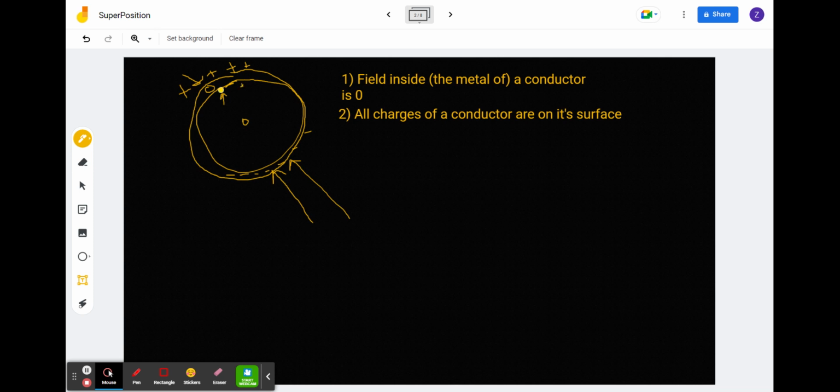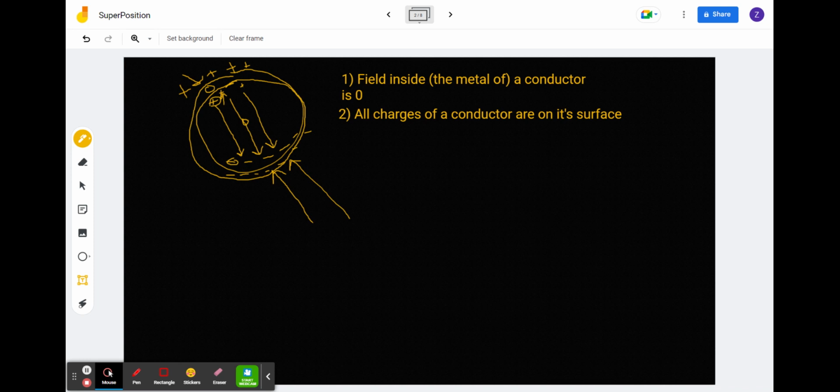Also here will be some positive, here there'll be some negative. Now there's positive here, negative here, nothing stopping it in the middle, so a field will also be produced from the positive to the negative inside the space enclosed by that shell.